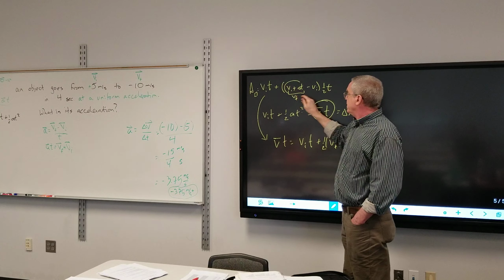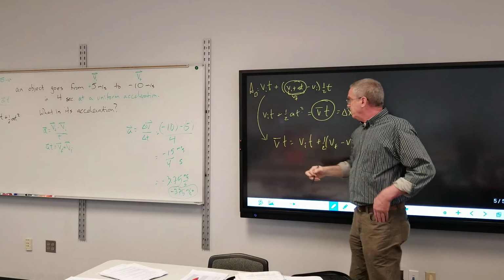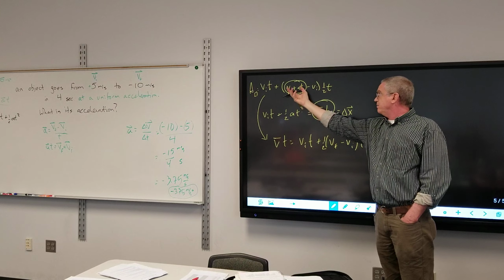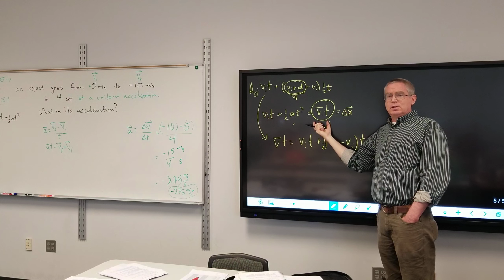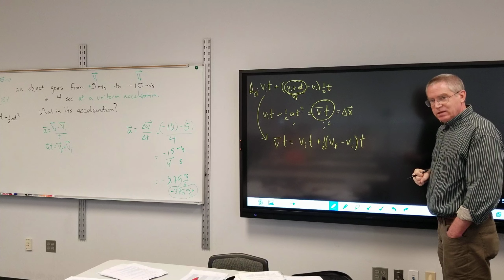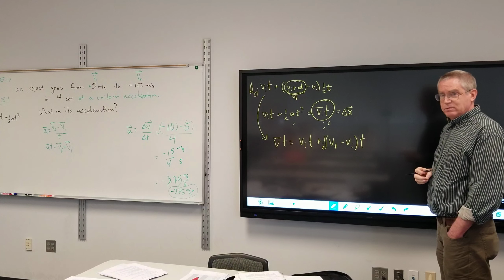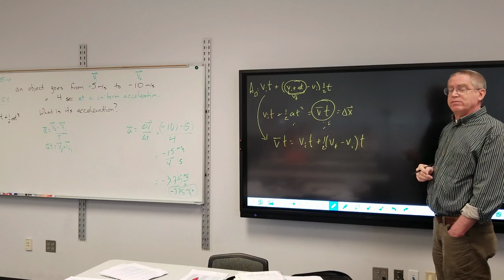That's what this is, that's my v_f right there. And then that's the area of the trapezoid, and then down here, I set the area, that reduces to this, that's also equal to the area of the rectangle. So the area of the rectangle and the trapezoid are the same? Yes. Because that's how average is defined.